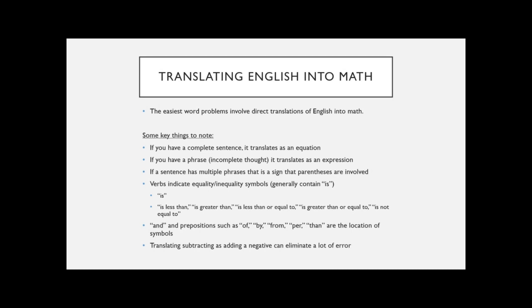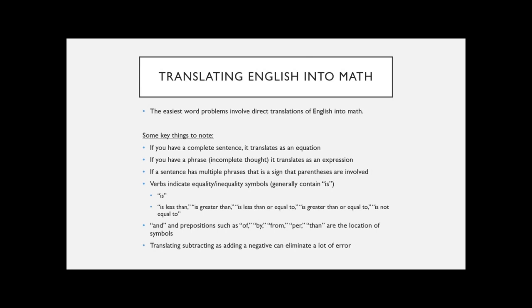Verbs. So verbs in English are those action words. And when you see a sentence that you need to translate and it has a verb, that is usually telling you that's where your symbol is going to be, whether you have an equal sign or a not equal sign or something like that. Verbs will have is, was, are, those type of words.